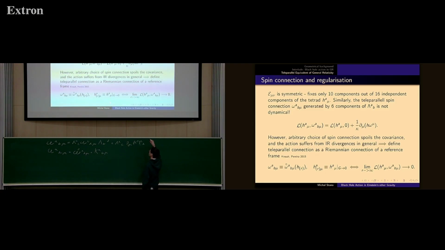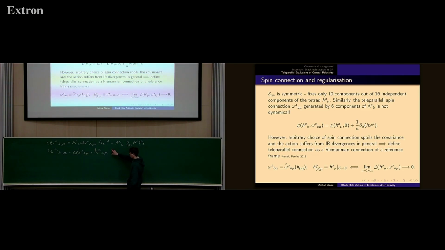Okay, so what is the reference frame? First of all, a reference frame is defined formally as a frame when the gravity is switched off. So what it means is that, recalling this spin decomposition relation, if we assume that we are working in a flat space, that is, in a reference frame where the gravity is switched off, the contortion piece, which is proportional to the torsion tensor, will vanish, because for flat connections or flat spacetimes, not only does the curvature tensor vanish, but also the torsion tensor vanishes, and also the non-metricity.